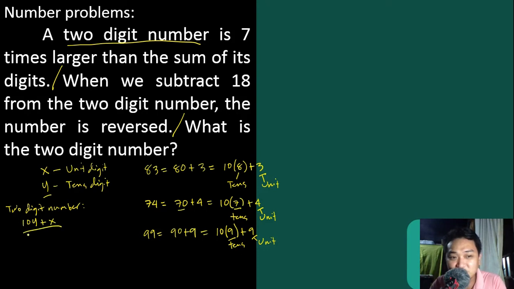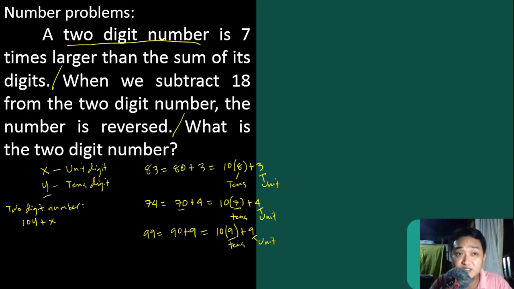Ito po yung isa sa mga mahalagang equation that we could derive out of the problem. So, ganyan po natin in-express yung 2-digit number: 10y plus x, wherein x is the unit digit and y is the tens digit. So, ngayon, meron na tayong equation for the 2-digit number, 10y plus x.